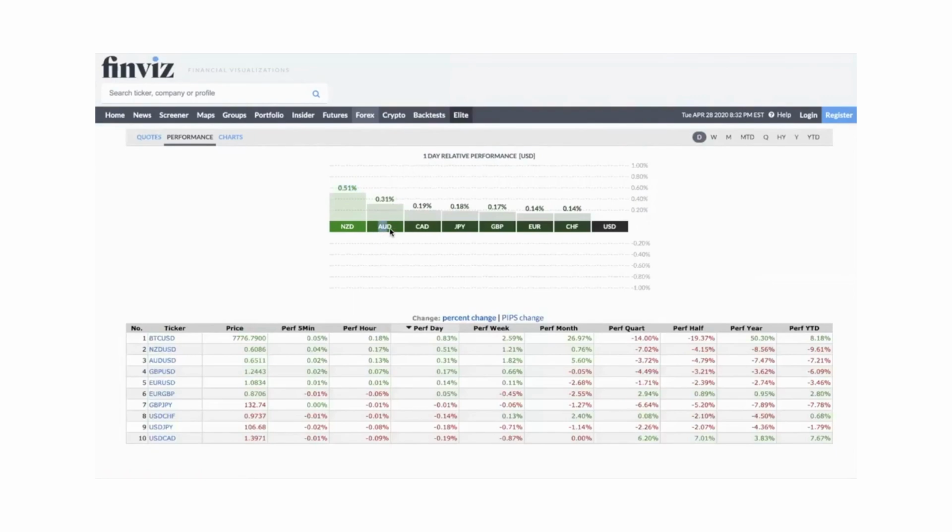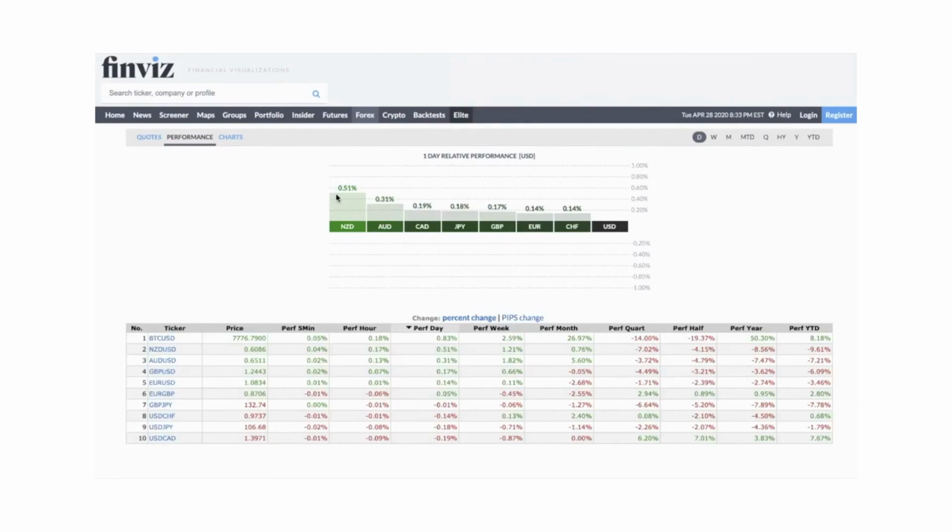Aussie dollar is up 0.31%, dollar CAD is up 0.19%, dollar yen is up 0.18%, pound dollar is up 0.17%, and so on and so forth. I'm not going to go through everything, but this is how you read the relative performance.